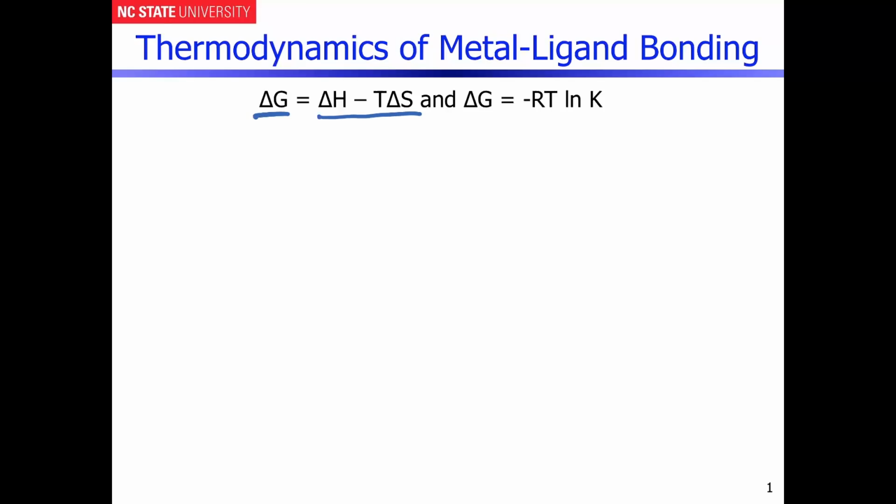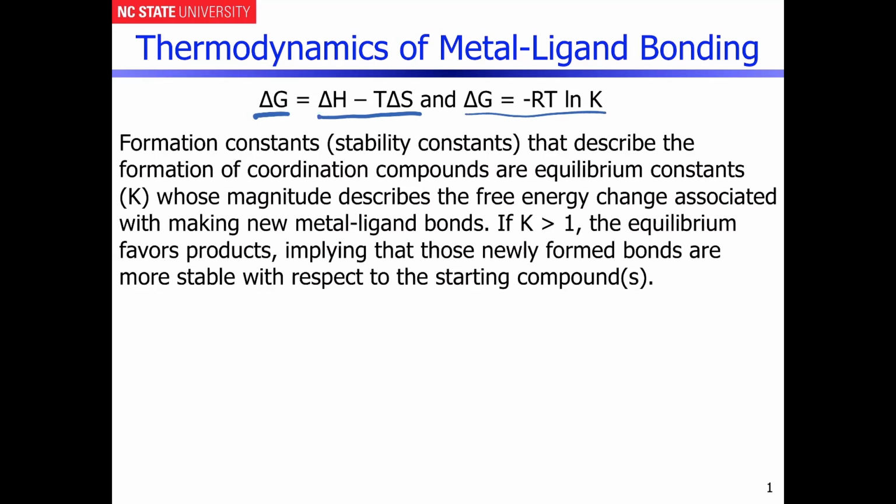And then that free energy change corresponding to the given reaction is related to the reaction's equilibrium constant by the expression delta G is minus RT ln K. So that's going to be the basis for everything we discuss in this approach.